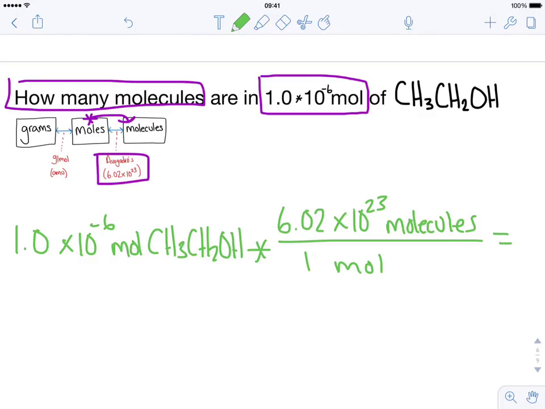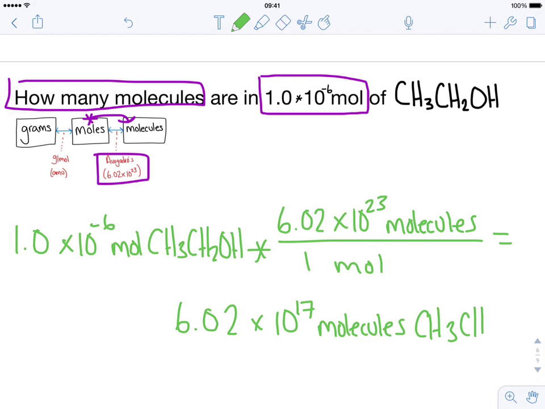So now, if you put this number into your calculator, you should get 6.02 times 10 to the 17th molecules of CH3CH2OH.